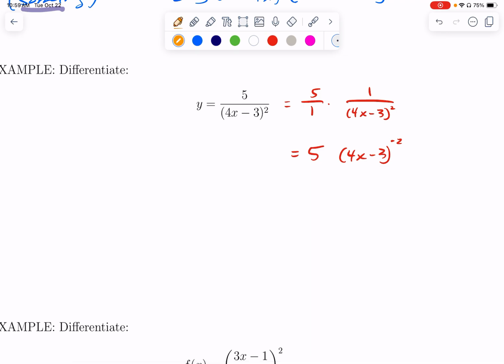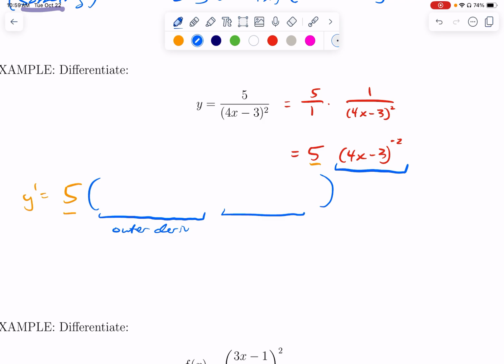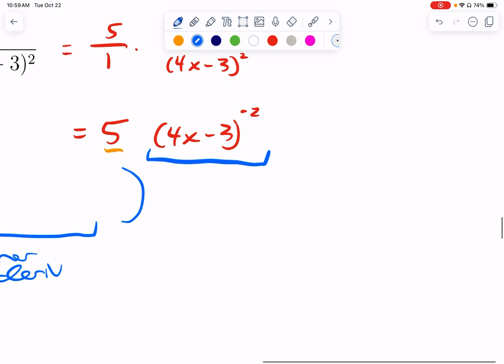So when we take the derivative here, there's just this coefficient of 5 in the front. And then for the rest of it, we're going to use the chain rule. We'll use the chain rule on the part that actually has x in it. It's going to be outer derivative times inner derivative. Looking at this part over here, the parentheses are a really big help.